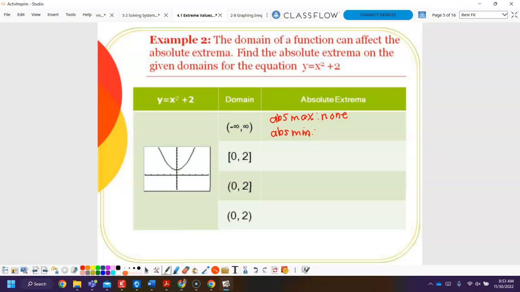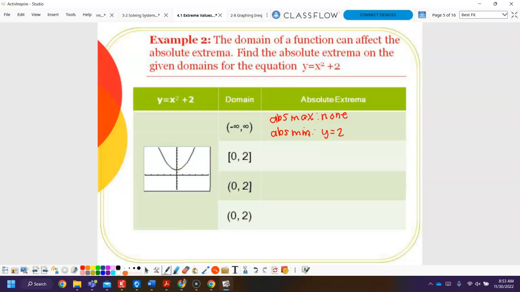Because at x equals 0, y is going to be 2. There are no y values less than 2 ever on that graph. So there is an absolute min at y equals 2 that occurs when x is 0.